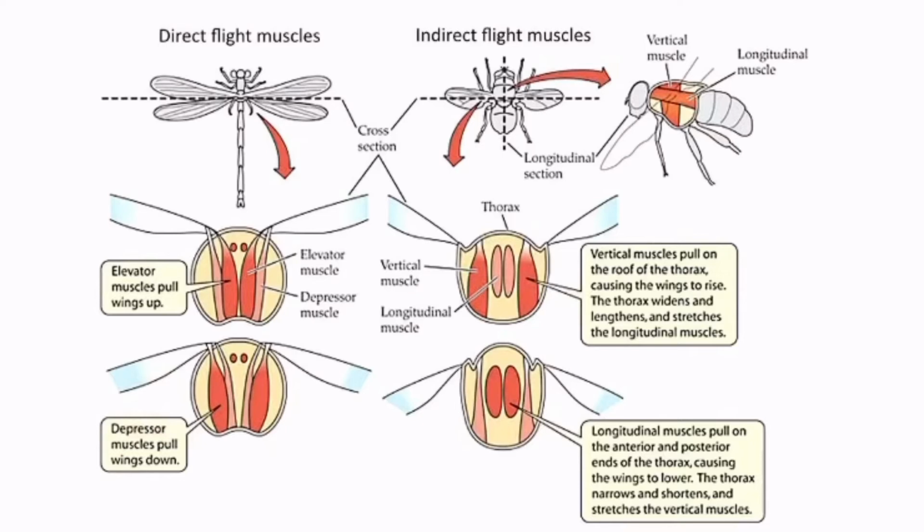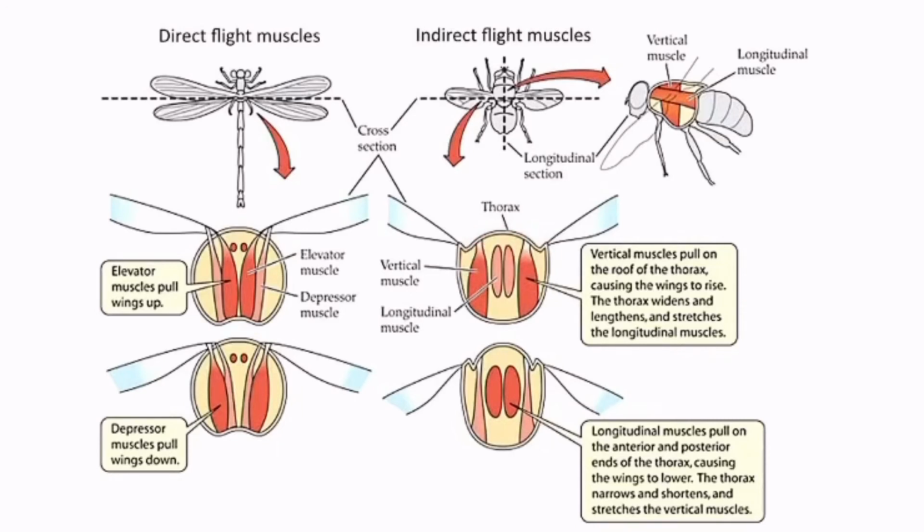In case of the indirect flight mechanism, here you see a honeybee, and the two types of muscles are visible in this diagram. These are the vertical muscles and these are the longitudinal muscles, and this is the thorax of the insect.